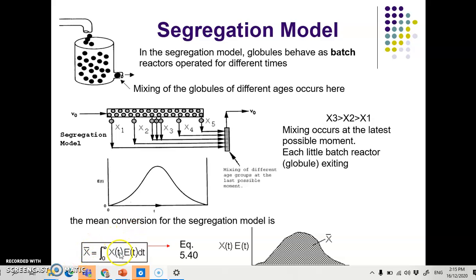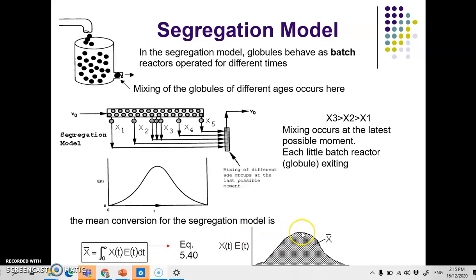What is the mean conversion? It is the integral of X(t) times E(t). X(t) depends on what kind of reactor you're dealing with. If it's the segregation model, you're dealing with a batch reactor, so you include the X(t) that you derive from a batch reactor design, and then multiply it by the E(t) that you get from your RTD data. In case it is an ideal reactor, you just include the formula that we learned in the previous subtopic.